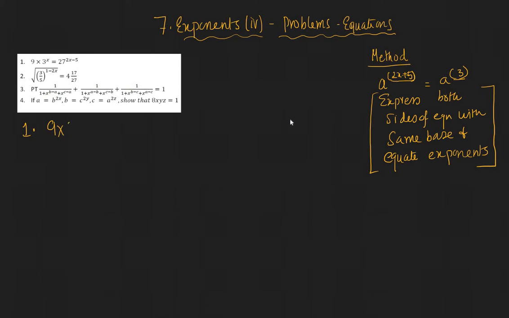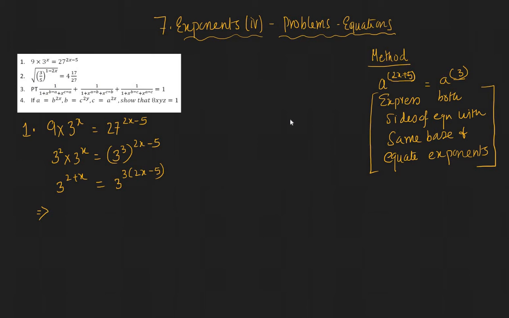So it is 9 into 3 power x equal to 27 power 2x minus 5. So this is 9, which is 3 squared, into 3 power x equal to 3 cube power 2x minus 5. In other words, 3 power 2 plus x equal to 3 power 3 into 2x minus 5.